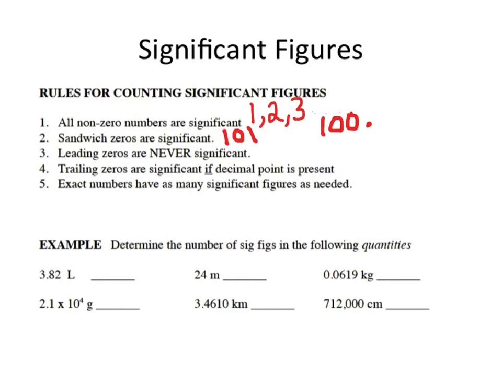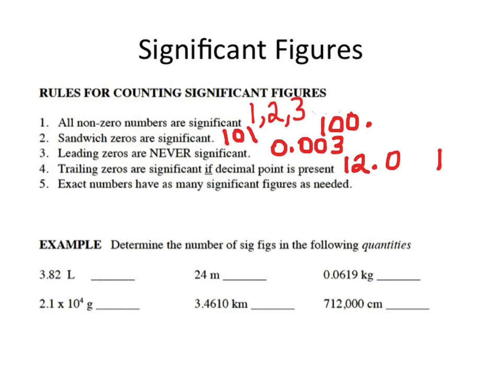Leading zeros are never significant. So 0.003, while those zeros are sandwiched, they're leading, so the leading is going to take precedence. Trailing zeros are significant if a decimal point is present. So 12.0, that 0 is significant because there's a decimal present.